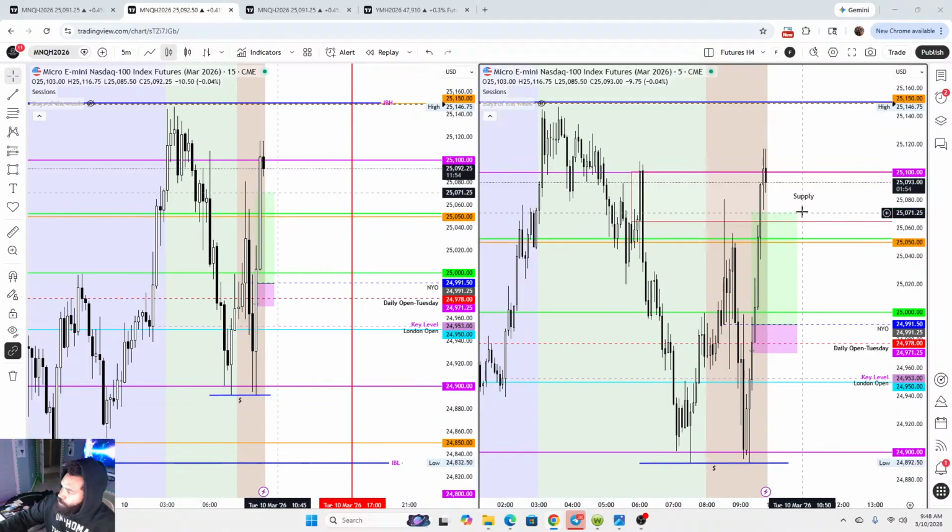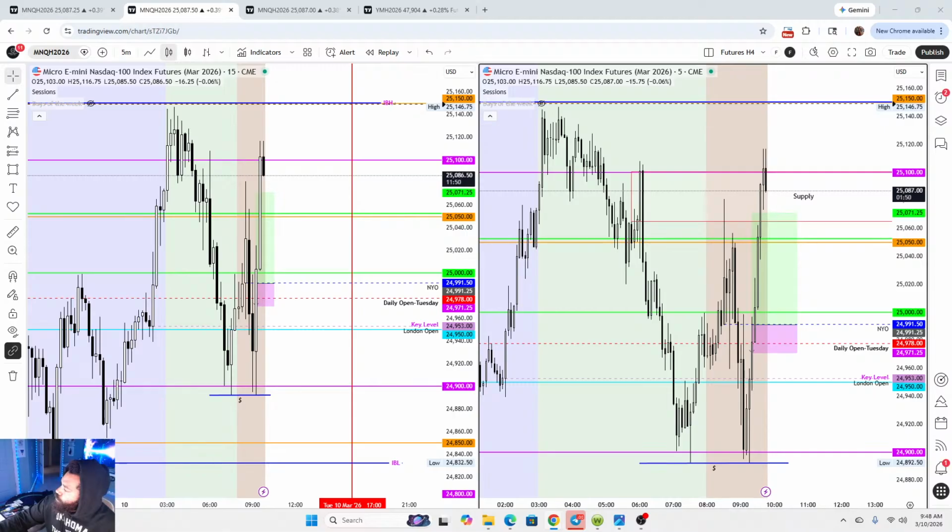Really watching this 5-minute price and how it closes here. Here very quickly.